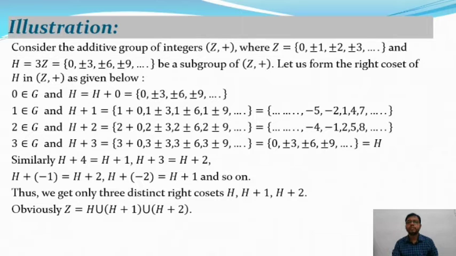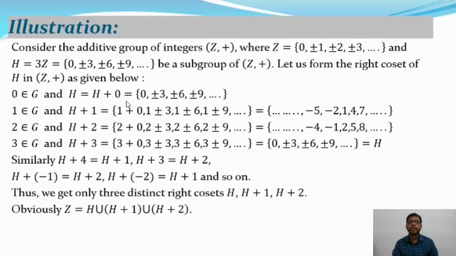So let us form the right coset of H in (Z, +) as given below. You know that 0 is an element in G, and H equals H plus 0. You know that H is a subset of the set Z, and the elements of H are 0, plus minus 3, plus minus 6, plus minus 9, and up to infinity.